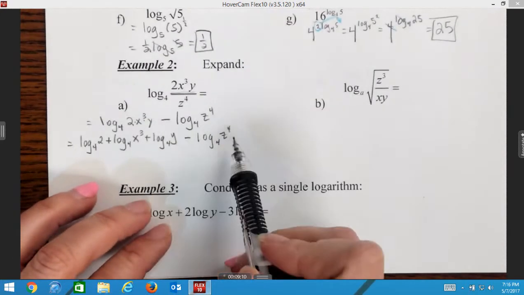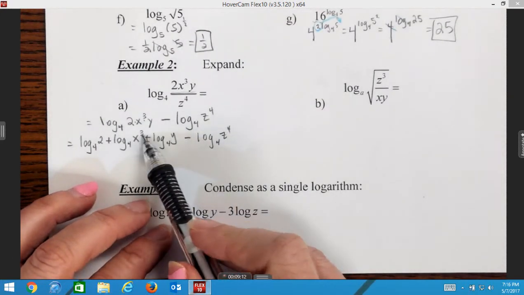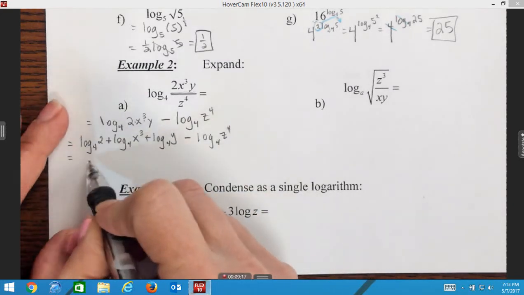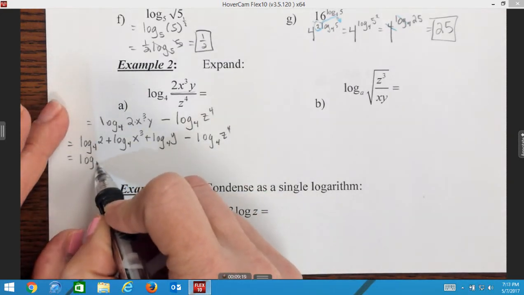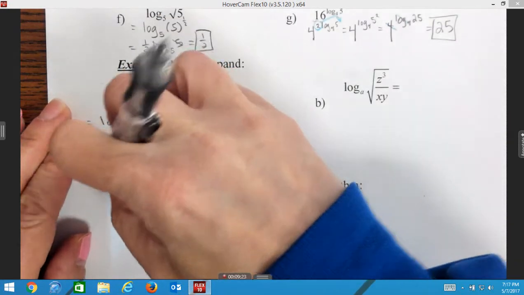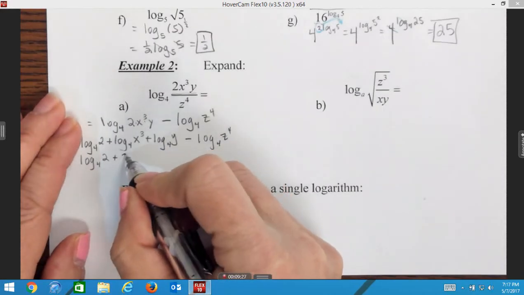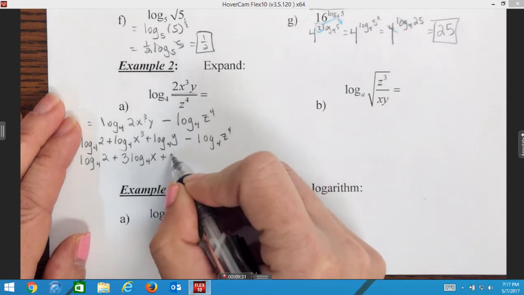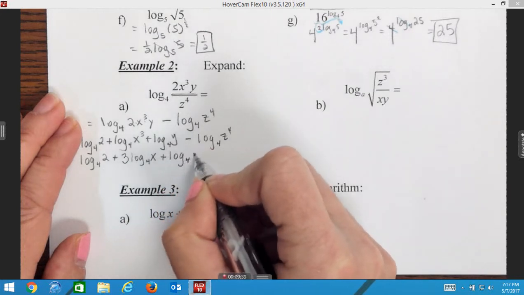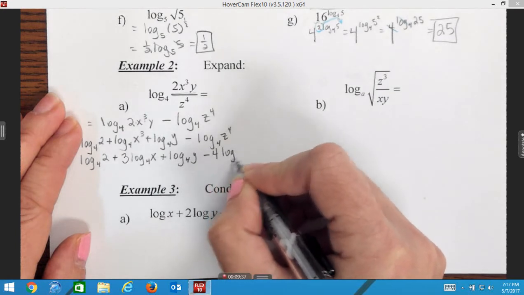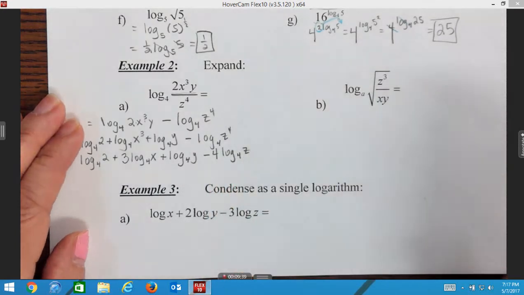Anytime we have an exponent on that x cubed and that z to the 4th, we want to put it in front. So I can rewrite this again as log base 4 of 2 plus, put that exponent in front, 3 log base 4 of x plus log base 4 of y minus, put that 4 in front, log base 4 of z.